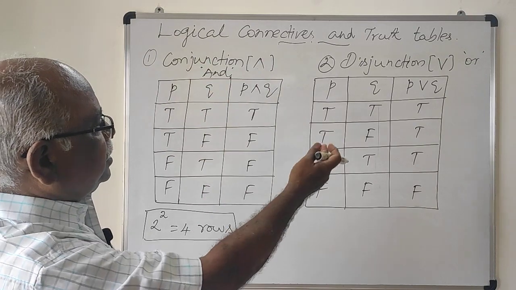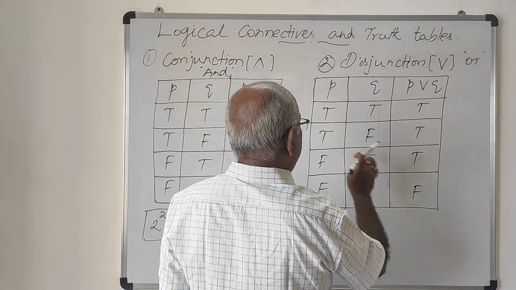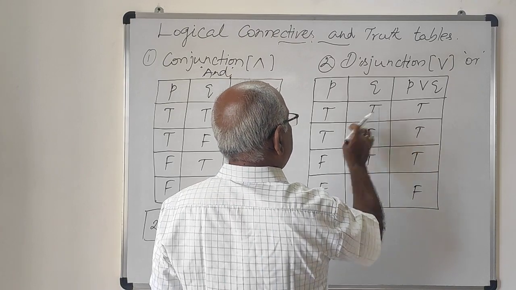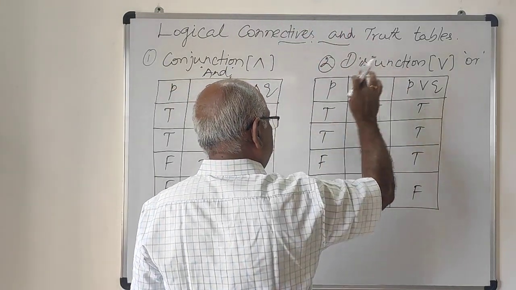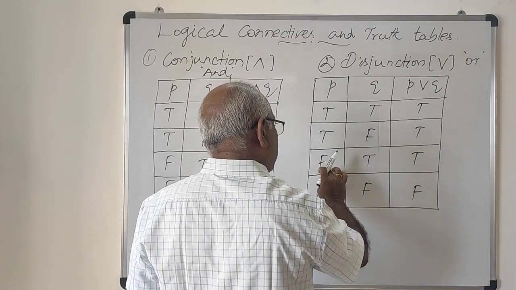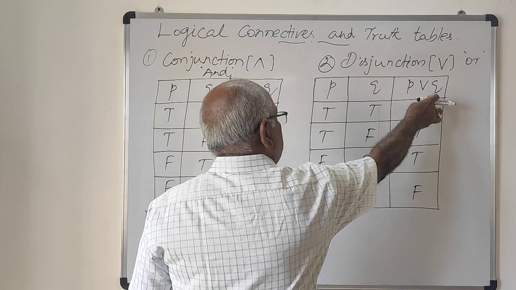Whereas in the case of disjunction, if both are F, the disjunction is F, and if you find any T, the truth value is T. If you find both T, the truth value is T. If you find any one T or both T, the truth value is T.